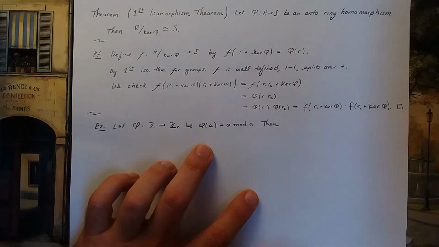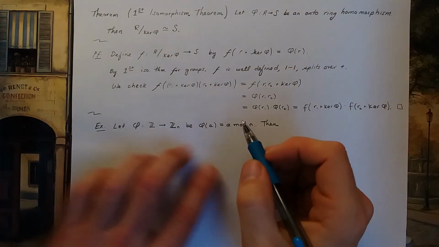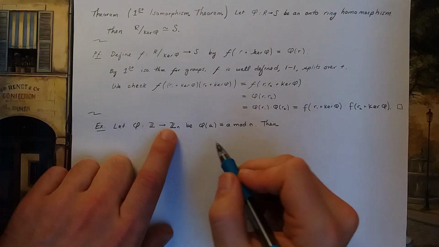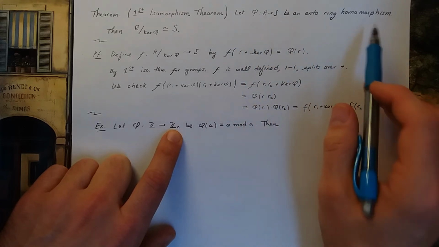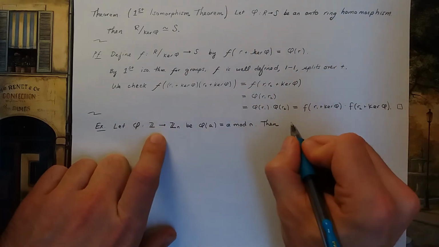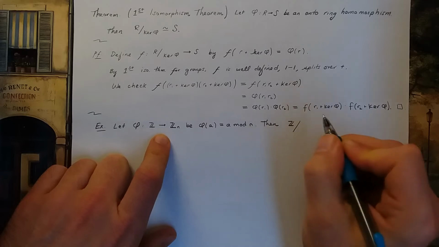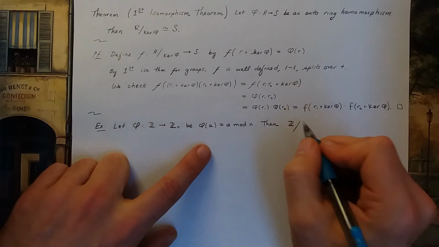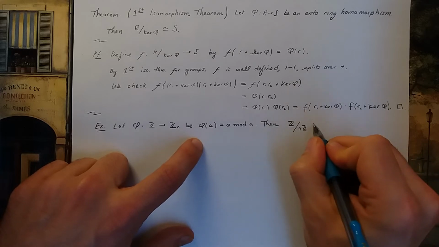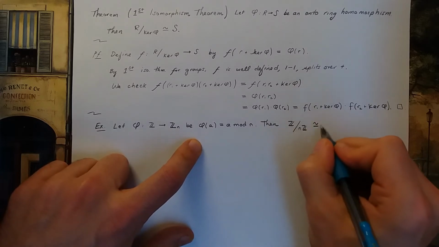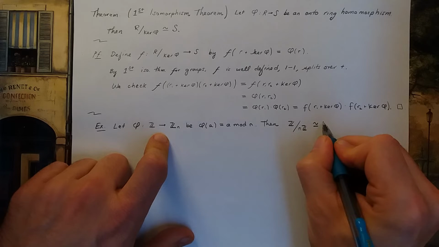What does the first isomorphism theorem say? This is definitely an onto homomorphism. I can get every possible remainder I'd like. So the statement of the theorem is satisfied. So this says Z mod the kernel, which is every multiple of n, so nZ, should be isomorphic as a ring to Zn.